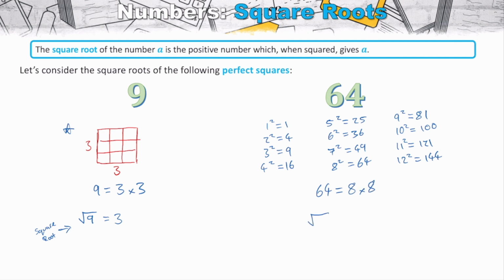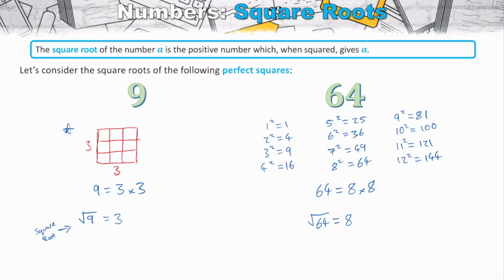So if we're going to square root 64, it's looking at what number multiplies by itself to equal 64, which in this case is going to be equal to 8. Now, like I said, the quickest way to identify this is to know your perfect squares off by heart, which you get by just using them more and more, to be completely honest with you.